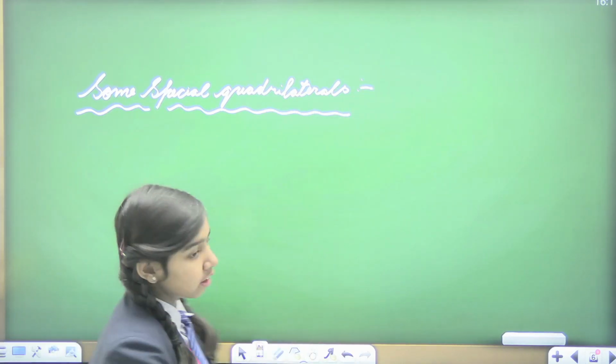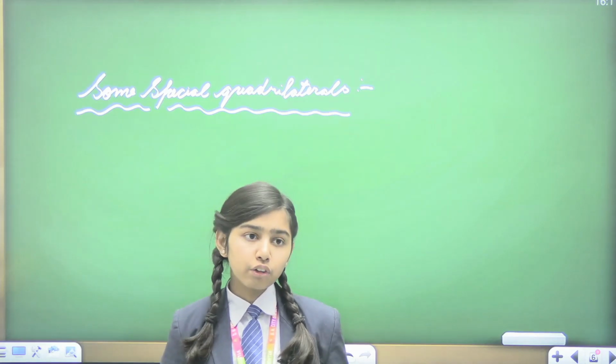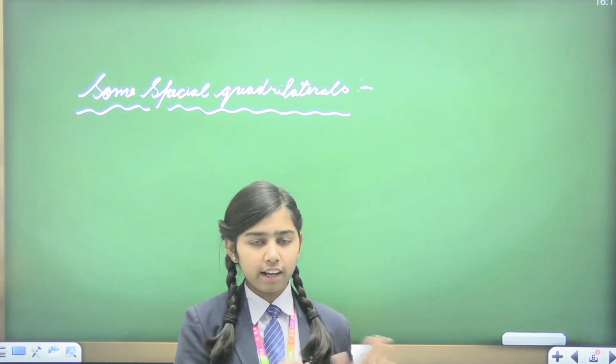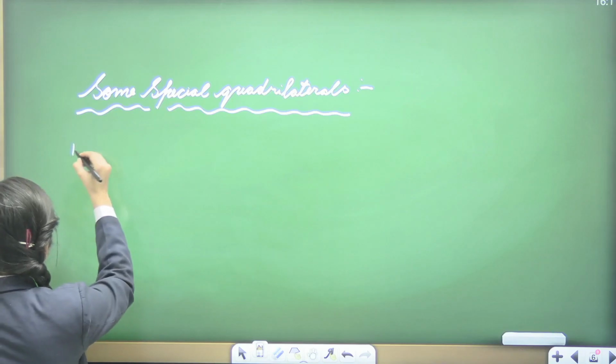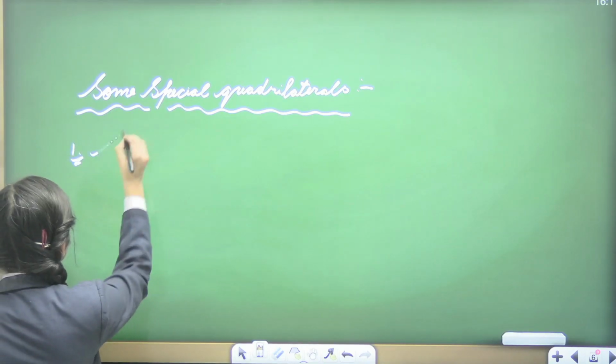And there are a lot of quadrilaterals, and some are alike and some are unlike. Like at first we take square.